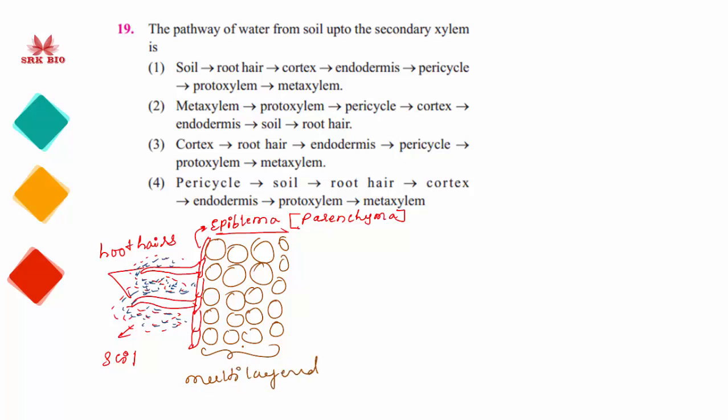More than 3 layers are generally present. The parenchyma cells in epiblema are compactly arranged. What is the meaning of compactly arranged? There is no gap between the cells.